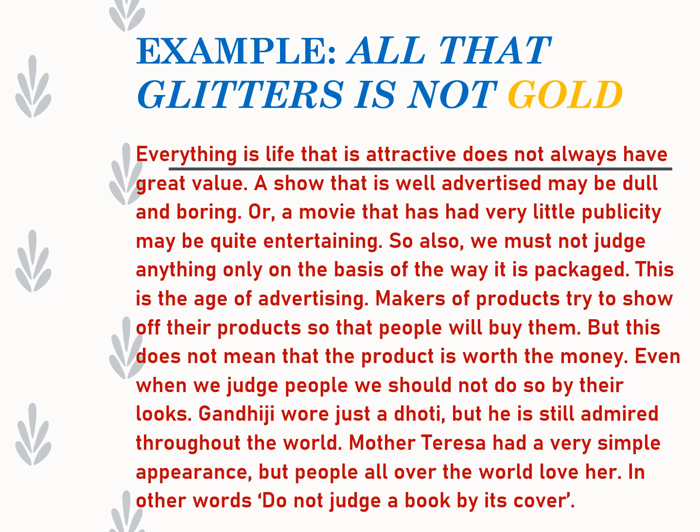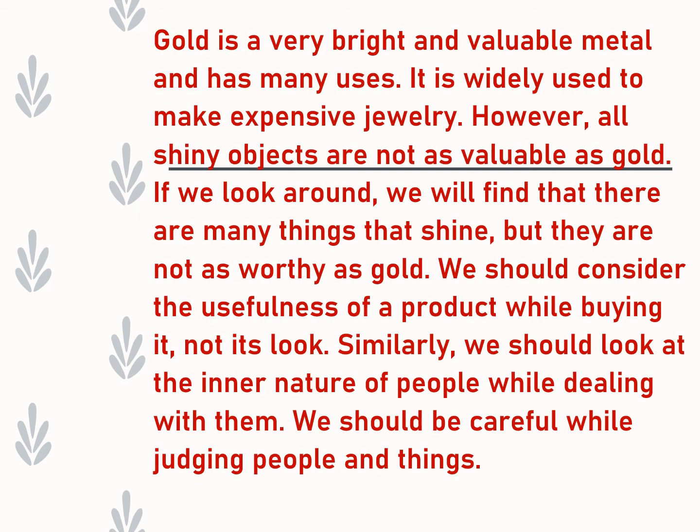Another example is Mother Teresa. Also incorporated here is putting in another proverb having the same meaning. For example, do not judge a book by its cover is similar to all that glitters is not gold. You continue with your expansion of ideas and use transition words like similarly here. And write down whatever you feel about the proverb.